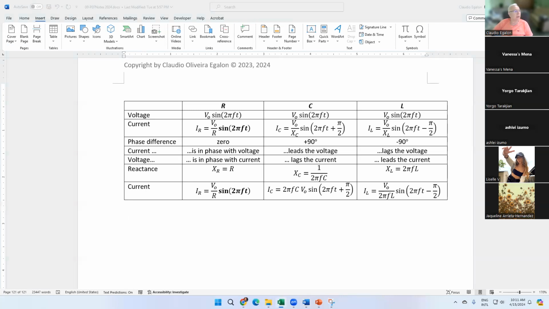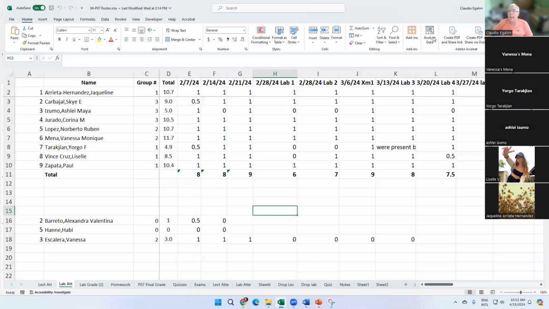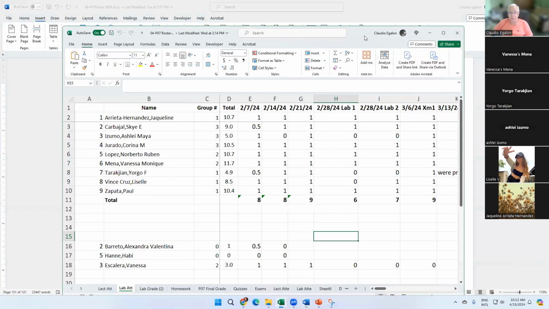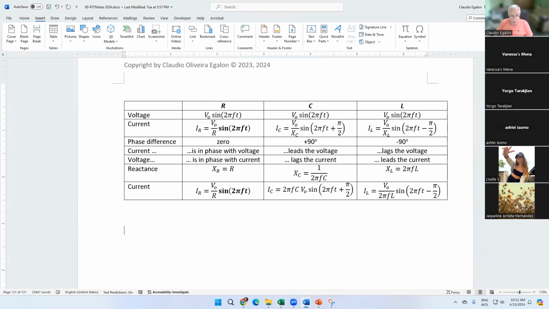Let's go for our attendance first. And by the way, before you go into the attendance, very important here. Don't forget, I know that most of you did not display the proper number of significant figures in lab 3. I mentioned that before.